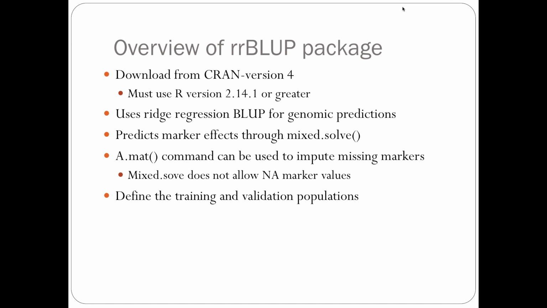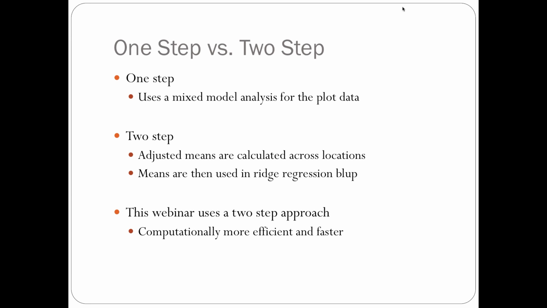This package uses ridge regression BLUP for genomic predictions and uses the mixed.solve command to predict the marker effects. Mixed.solve does not allow for any NA or missing markers, so imputation is necessary in order to run the command. And the package also allows you to define the training and validation populations for genome-wide selection.